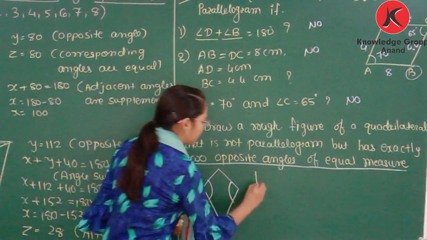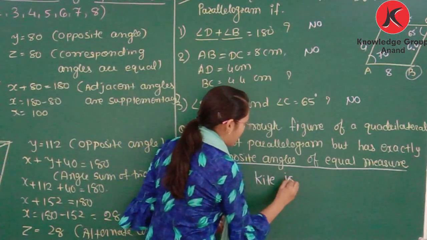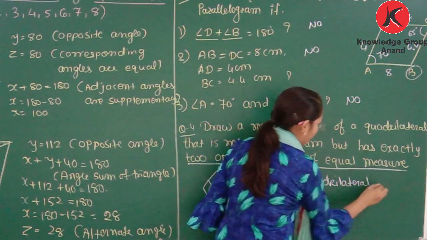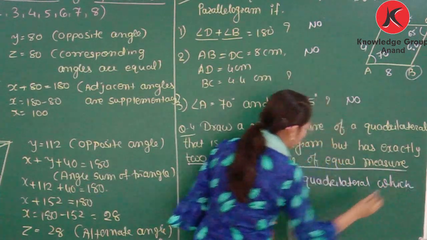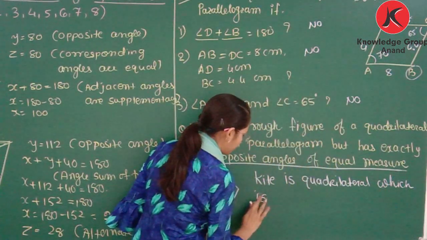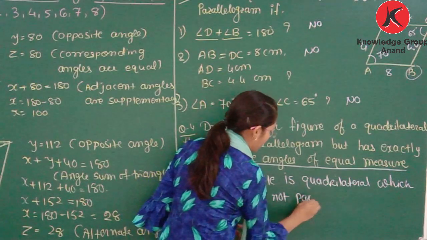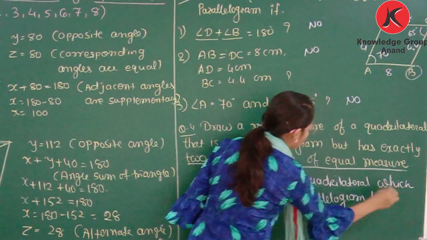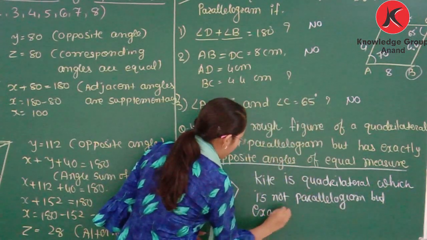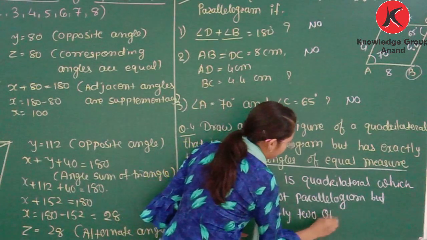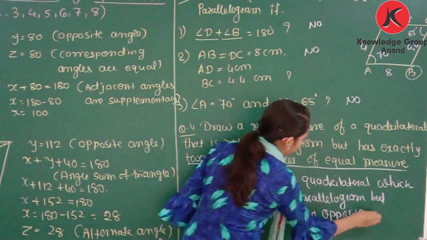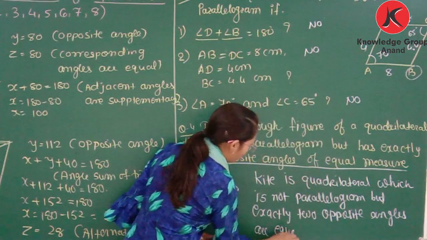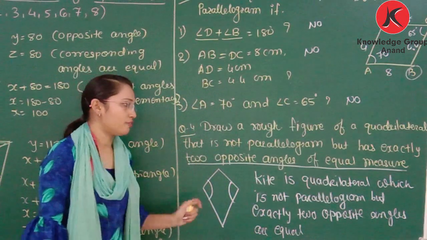That's why a kite is a quadrilateral which is not a parallelogram, but exactly two opposite angles are equal. Clear? This way you can find the answer.